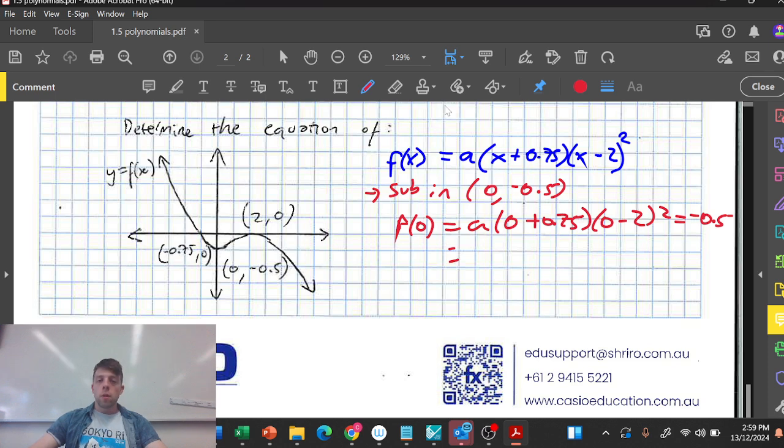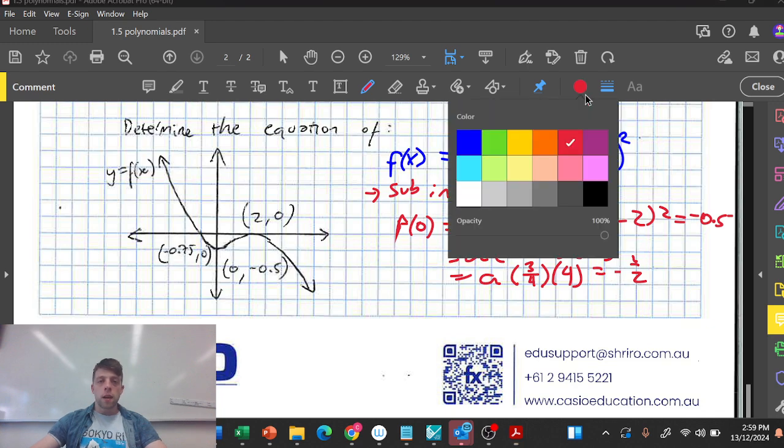This is going to be a times 0.75 times minus 2 squared, which is 4. And if we write this as a fraction, 0.75 is 3 over 4, times 4, is equal to negative 0.5, which maybe we'll write as negative a half.